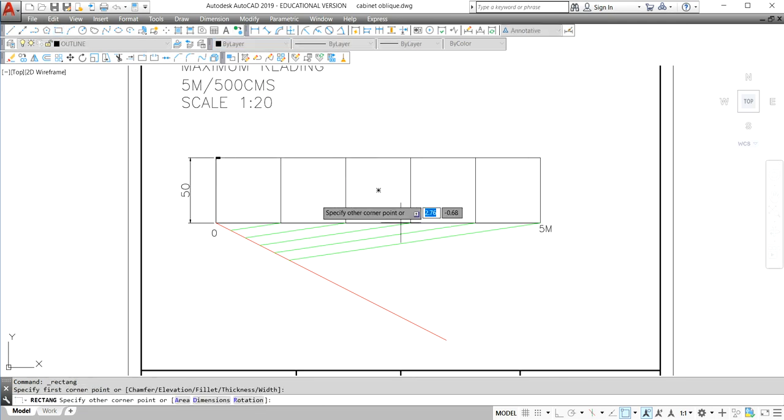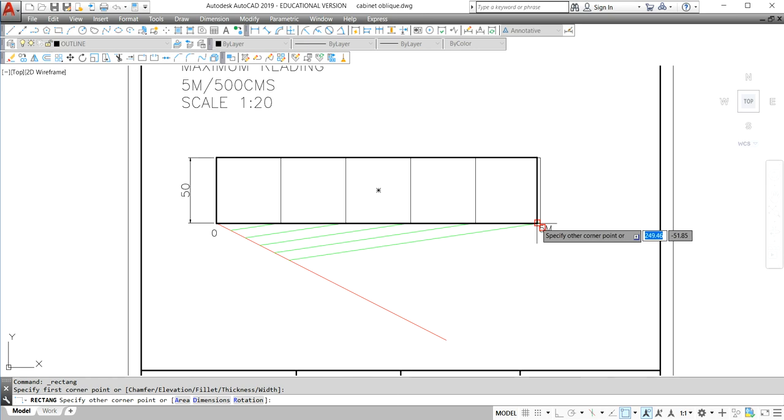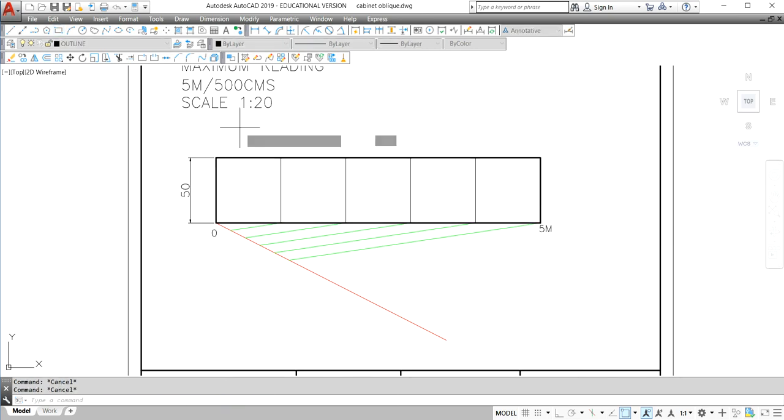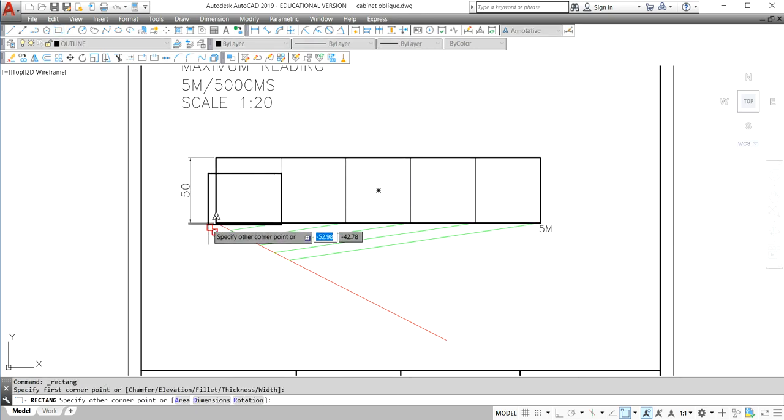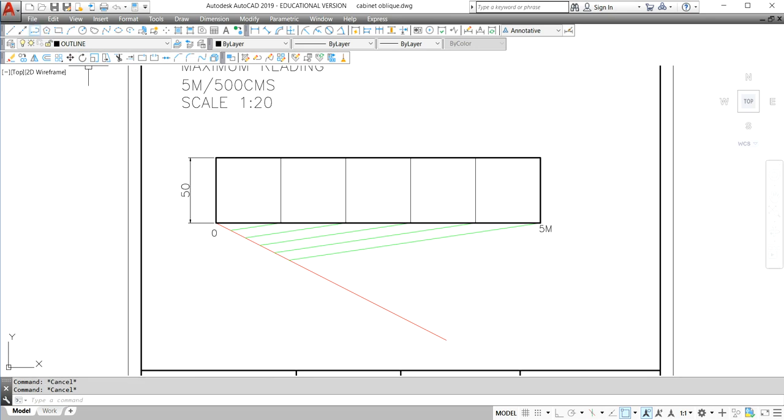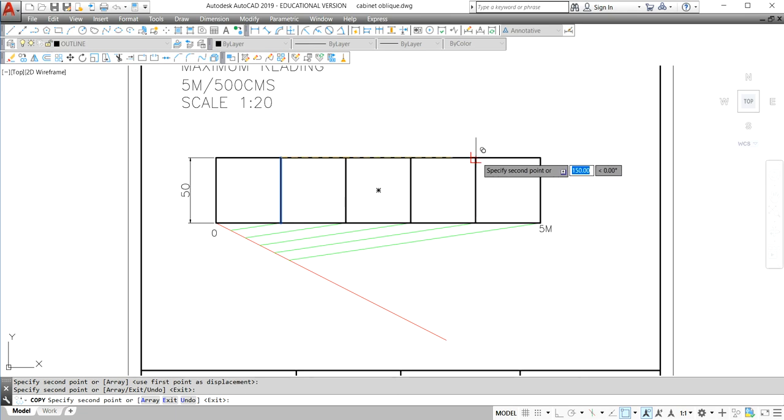So this is the ruler, and we have 5 divisions. Each division is going to read 1 meter, but in real it is 1 meter at a scale of 1 is to 20. The measurements are better placed on top.